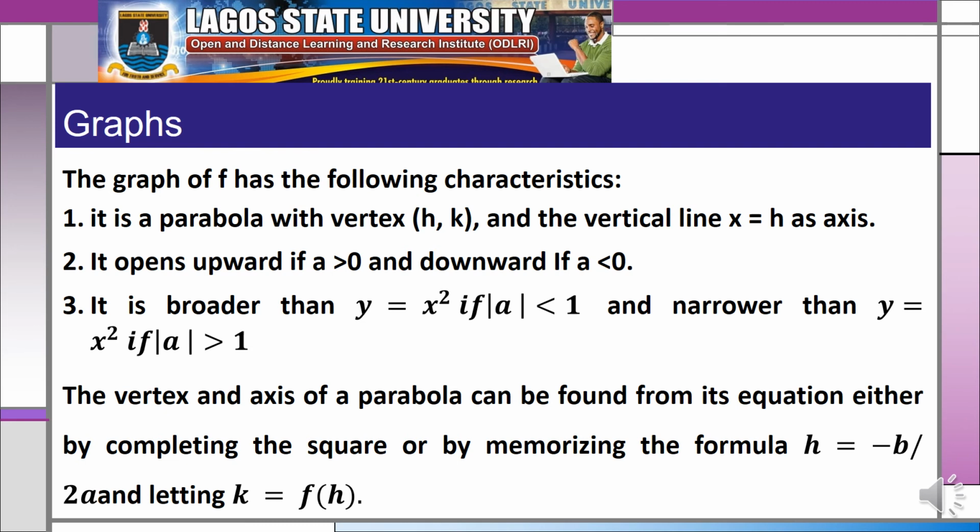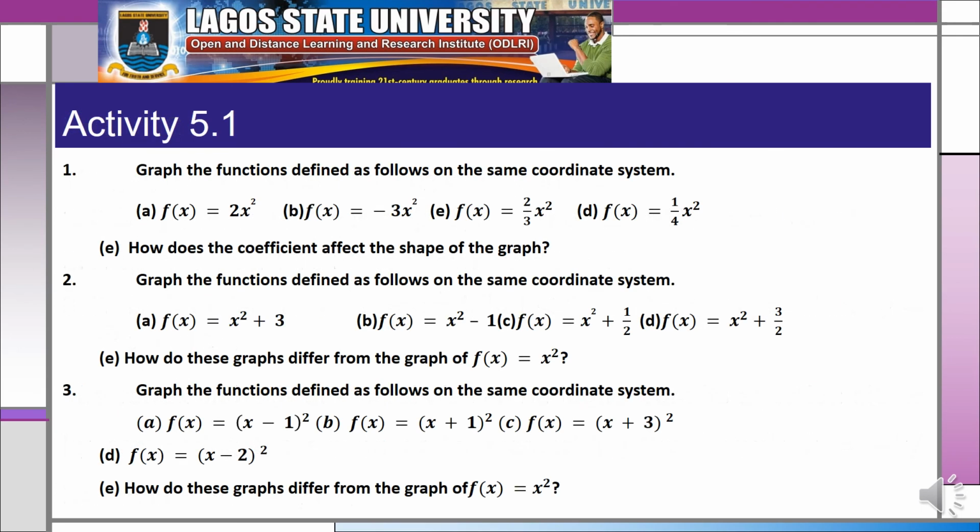The vertex and axis of a parabola can be found from the equation either by completing the square or by memorizing the formula h equals minus b over 2a and letting k be the function of h.